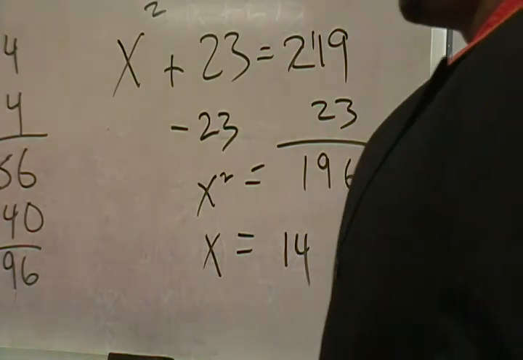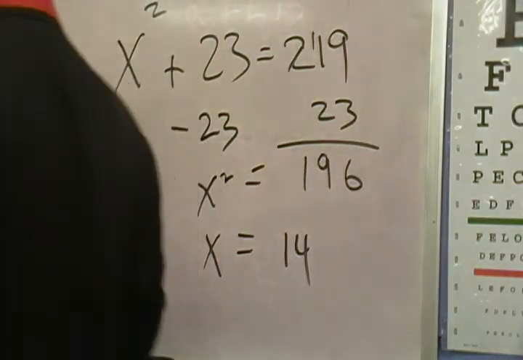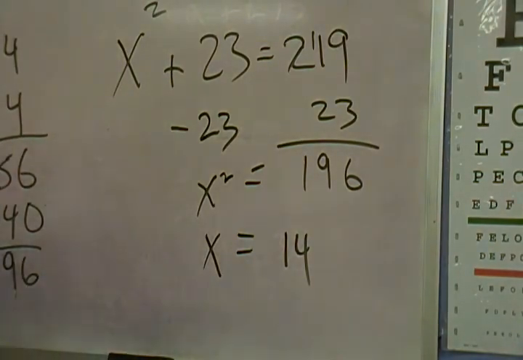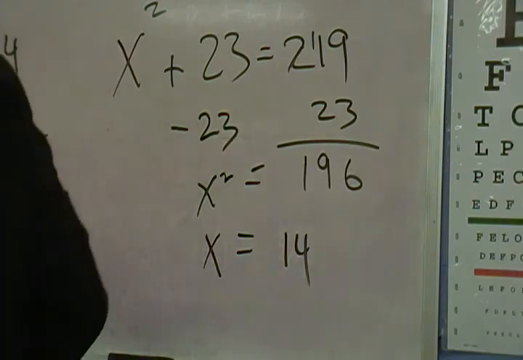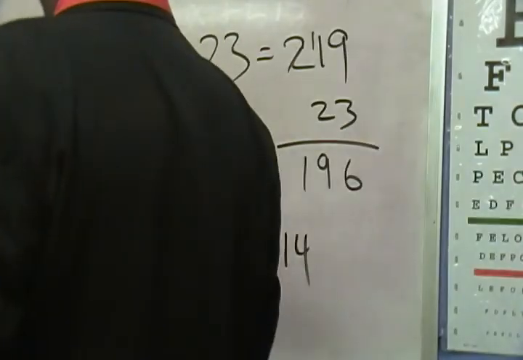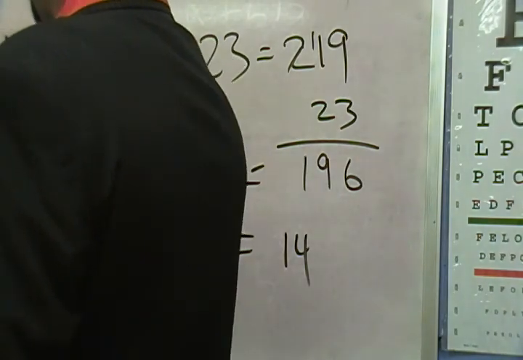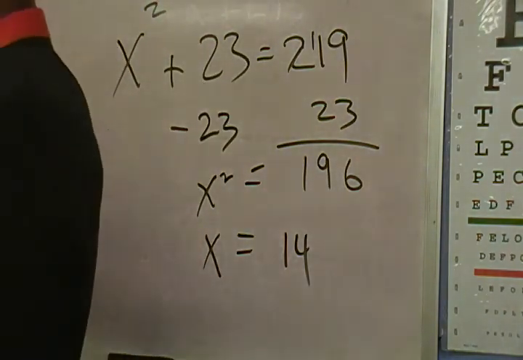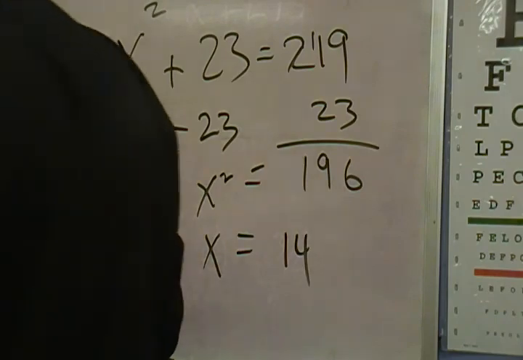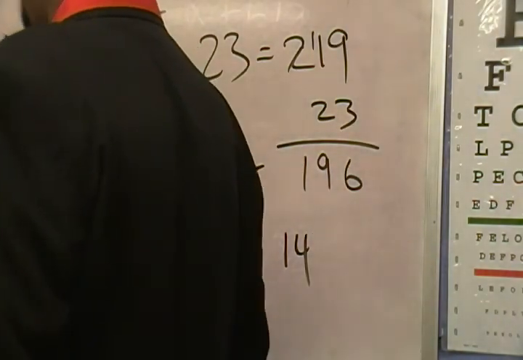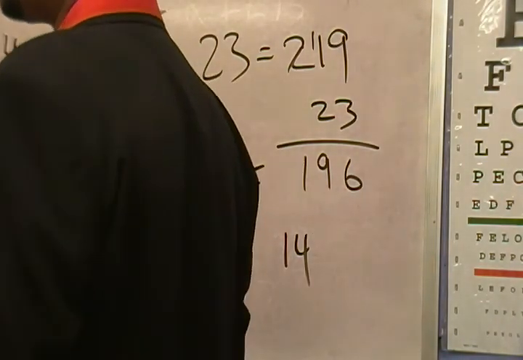When you're doing the square, you got to first start with numbers that you know. So you know 13 times 13 is 169. You know 15 times 15 is 225. We don't need to go higher, we need to go lower. So what's between 13 and 15? 14. So we try 14, and that's the answer.